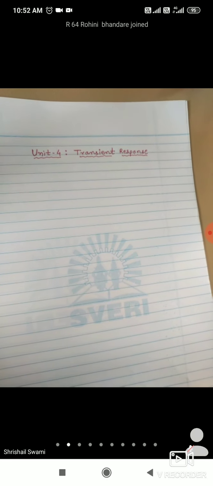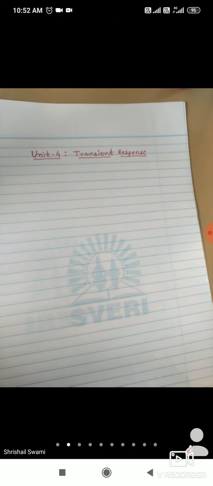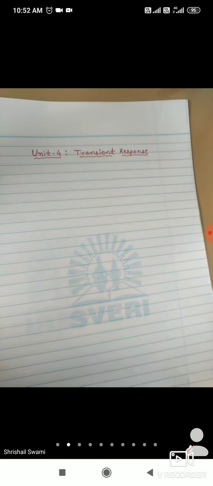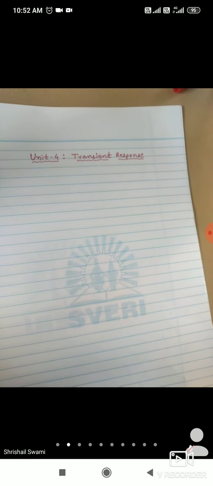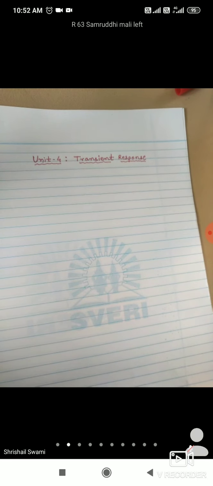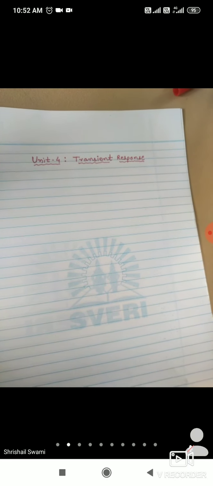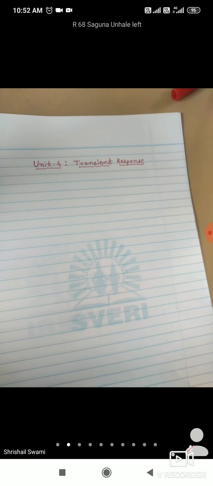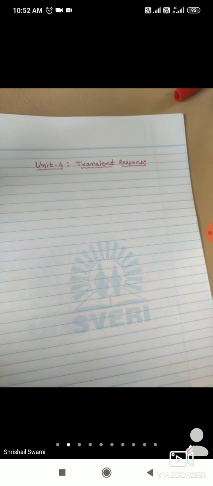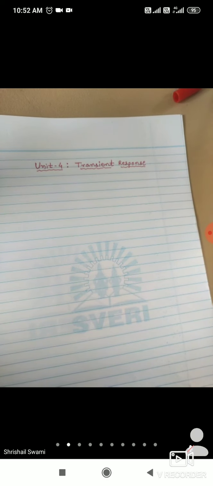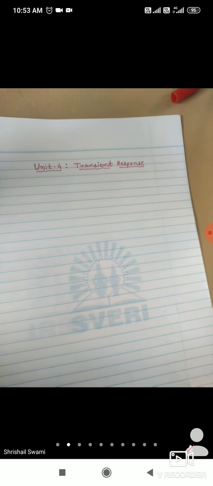The Laplace transform formulas I already gave before the start of unit number 5. I have given the basic formulas of the Laplace transform as well as the linear differential equation. You already know how to find the complementary function, CF, and the particular integral, PI, that is the solution of the differential equation.